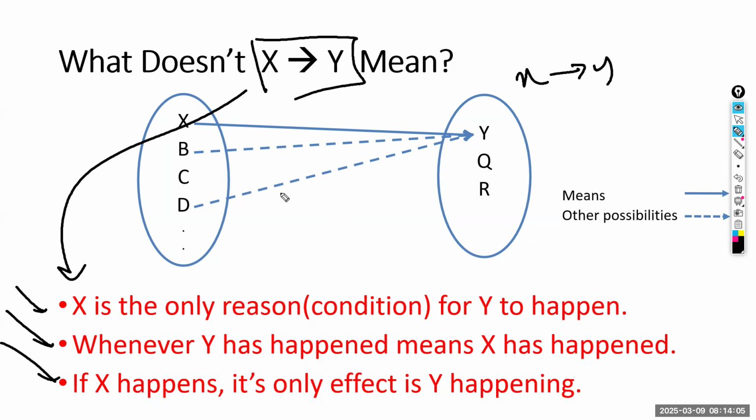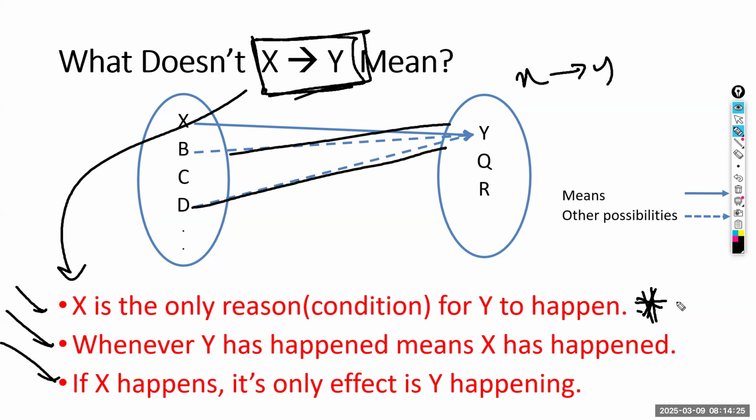No, Y can happen for any other reason. Maybe X is the only reason, I don't care. My statement doesn't cover that. What I said is whenever X happens, Y happens. Do you agree with that? Do you have any question about that?